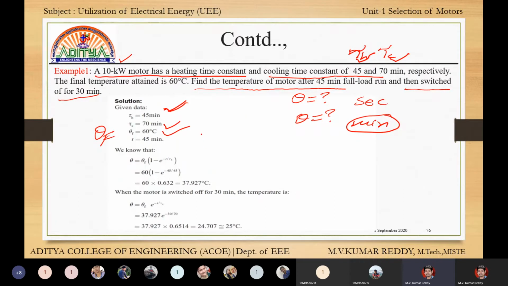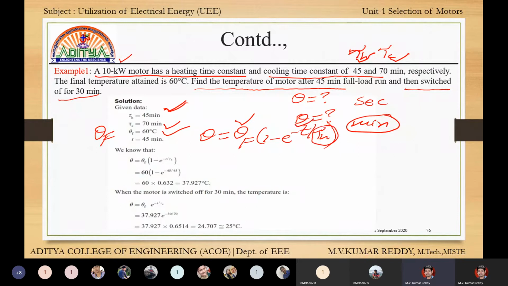We know that for heating, the formula is theta equals theta f into 1 minus e power minus t by tau h. In this formula, theta f, tau h and t are given.